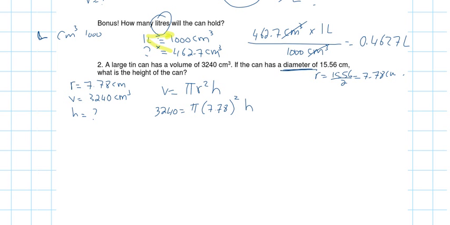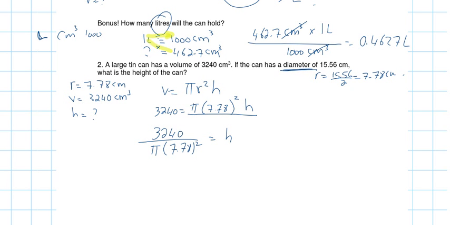You divide the volume by pi r squared. You have to divide both sides by pi times 7.78 squared so you can get rid of it.